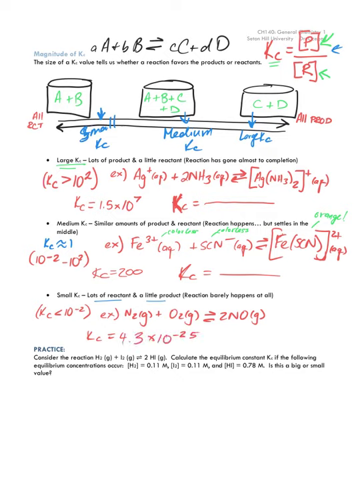Really, really tiny. And actually, for us, that's a really good thing that this is a very tiny Kc. Any ideas why? I guess I could just tell you to pause the video and think about it. So if you want more time to think about it, pause the video and think about it, but I'm going to tell you why.